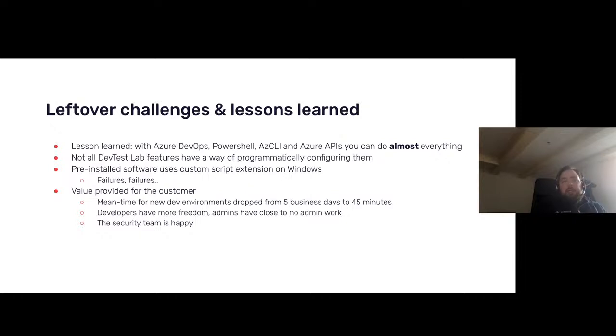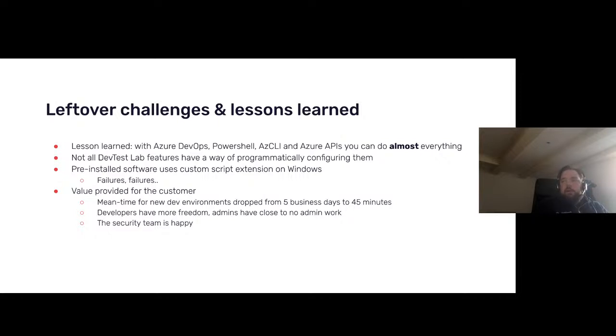But for example, in this case, although it might have sometimes felt to me like, why am I actually doing this project, I heard the positive feedback from the customer that they would have to wait even 5 business days, not always, but sometimes, from their on-premise partner to get a new VM, and that is now dropped to roughly 45 minutes.